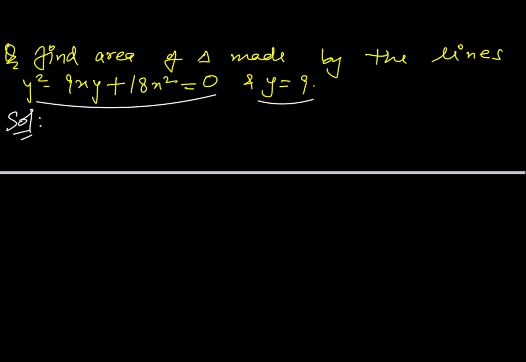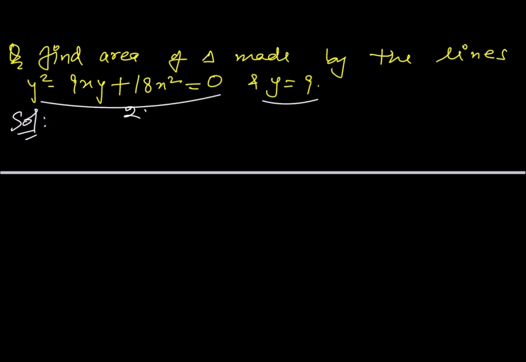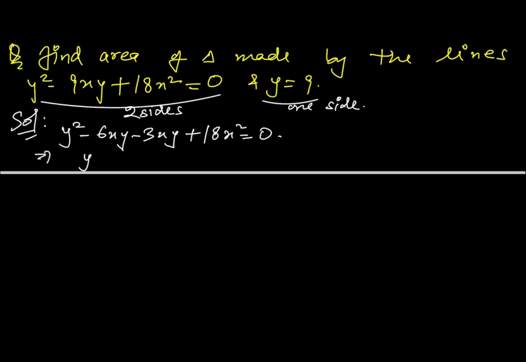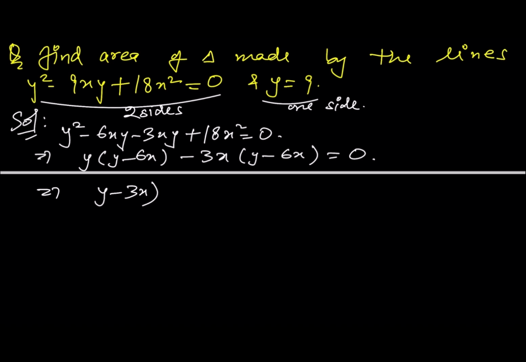Okay, so two sides and one side. It is y square minus 6xy minus 3xy plus 18x square is equal to 0, or y times y minus 6x minus 3x times y minus 6x is equal to 0, means y minus 3x into y minus 6x is equal to 0.